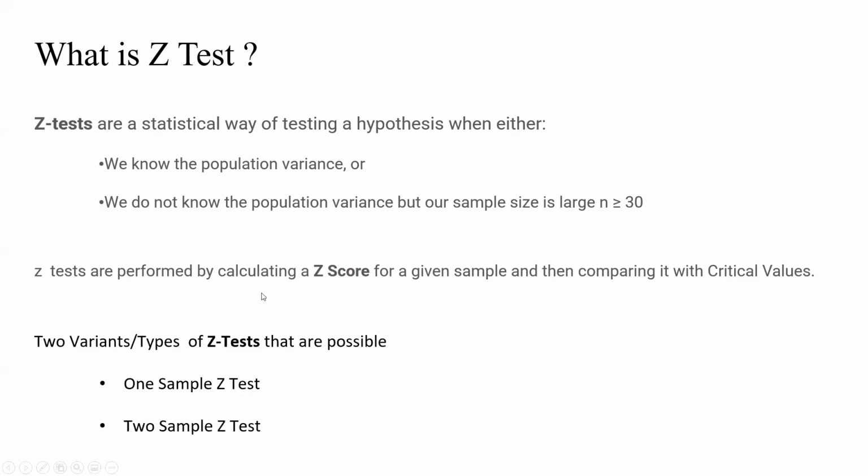Under Z-test, there are also two variants, depending upon the type of analysis you are trying to make. These are normally called one sample Z-test and two sample Z-test. We will see what these are with an example.